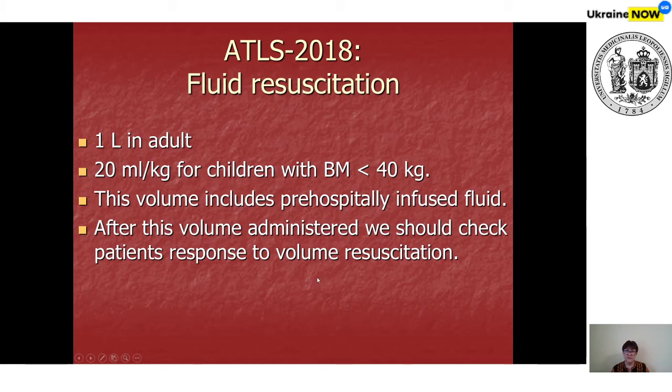Fluid resuscitation. ATLS recommends 1 liter of crystalloids in adults, 20 milliliters per kg for children with body mass less than 40 kg. This volume includes pre-hospitally infused fluid. After this volume is administered, we should check the patient's response to volume resuscitation.